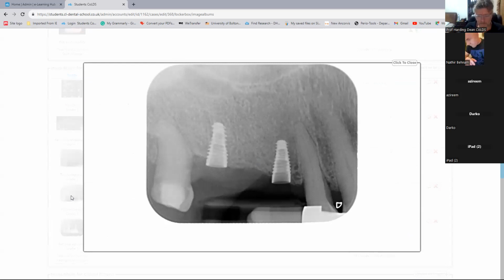Yeah, you're quite right. You have to put that the periodontal disease is under maintenance and isn't active. You can put that sort of thing in the current proposal.